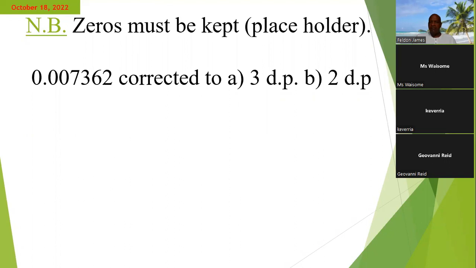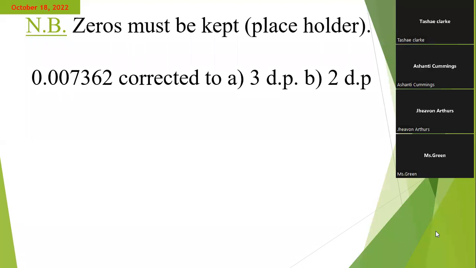It is different from significant figures in that we don't look for the first non-zero digit. We're just counting the digits after the point, whether zero or not. Is that clear now? Okay, good.